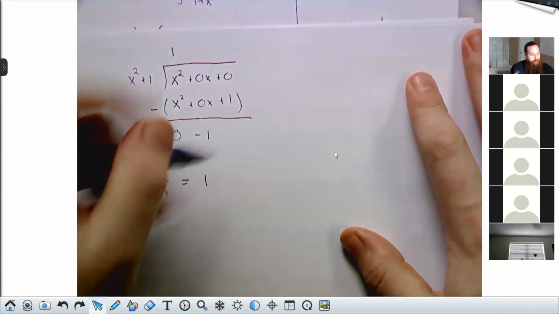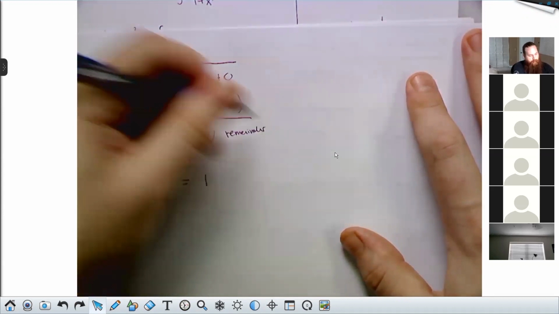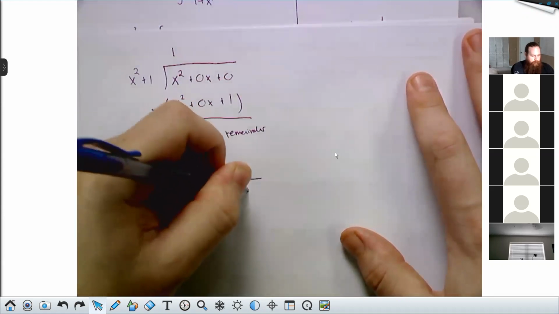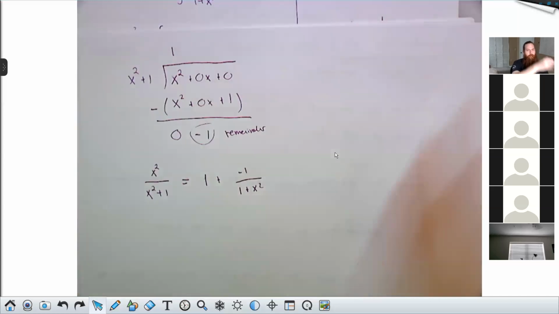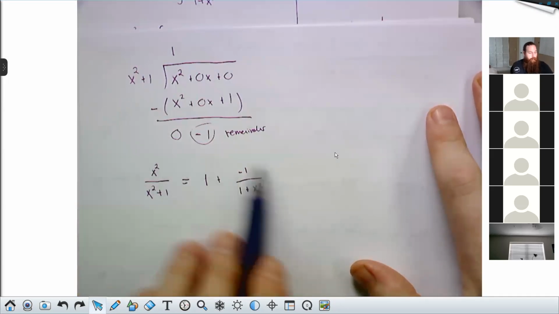This is my remainder. So this would be plus negative 1 over 1 plus x squared, which is what we got before. Or you could write it as x squared plus 1, 1 plus x squared, same thing. So this is how you do that division out the long way.